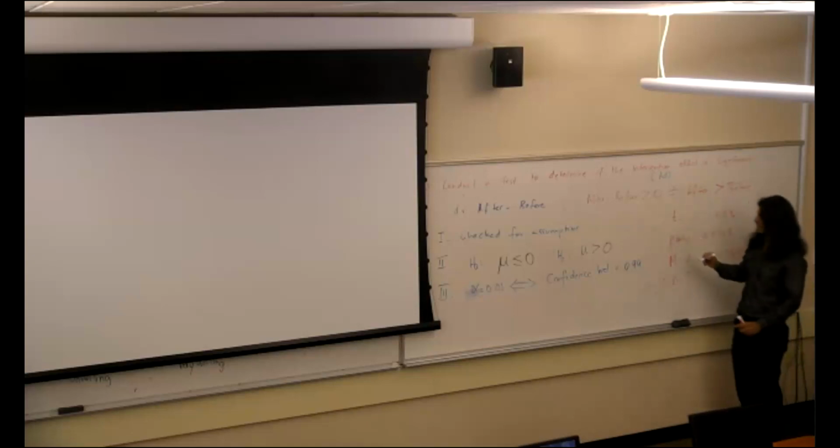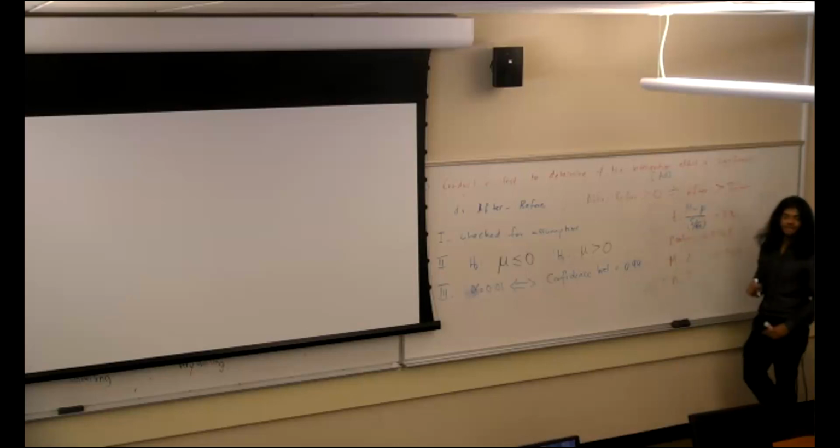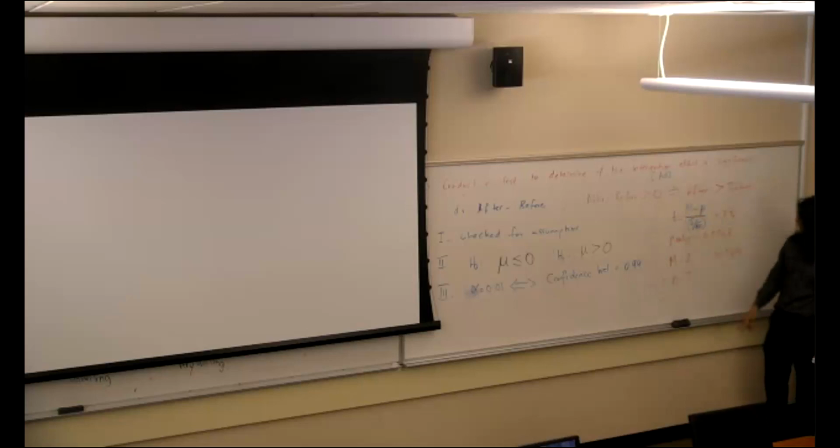If you go back and look in your notes from last time, this is simply M minus mu, which is 0, divided by S over square root of N. I have the mean from the sample, so 2 over 1.414 divided by the square root of N, and you should get 3.74.